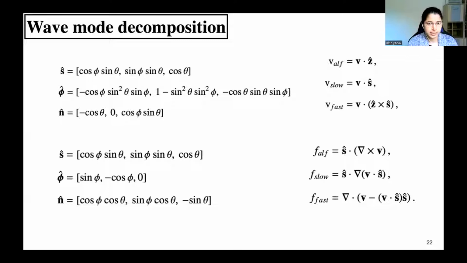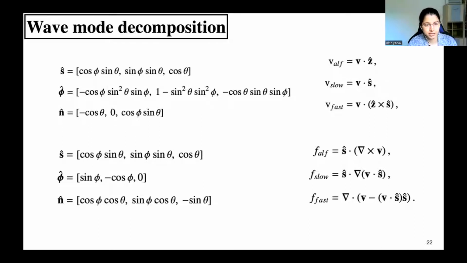But there are no general methods which can be applied to, let's say, complex 3D magnetic configurations that might result from numerical simulations or from magnetic field extrapolations. Since I wish to study MHD waves in my simulations, I developed a new wave decomposition approach, which relies on the geometry of individual magnetic field lines to isolate the three fundamental MHD modes.